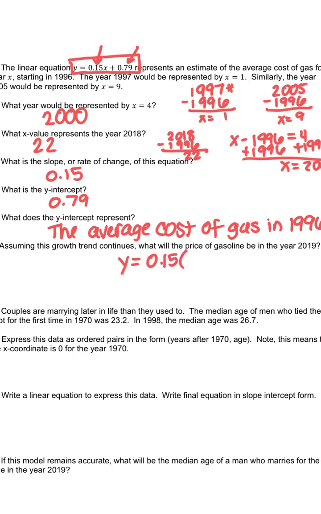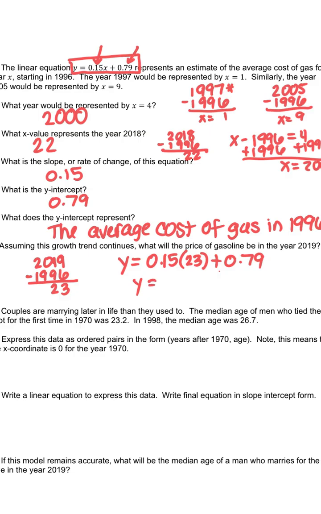And remember, the x is the year, which is 2019. So we have our 2019, and then we minus that 1996. And if you use the calculator, you can see that's 23. So let's go ahead and plug in 23 for our x, plus 0.79.